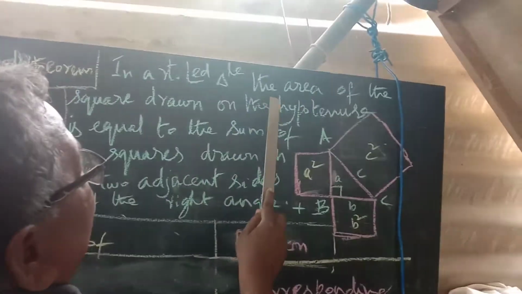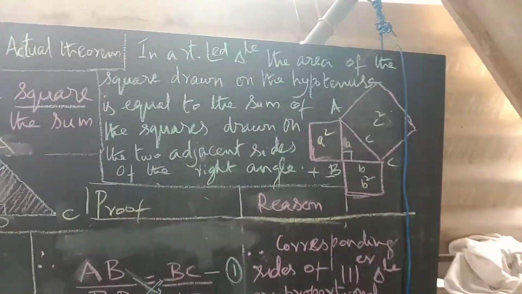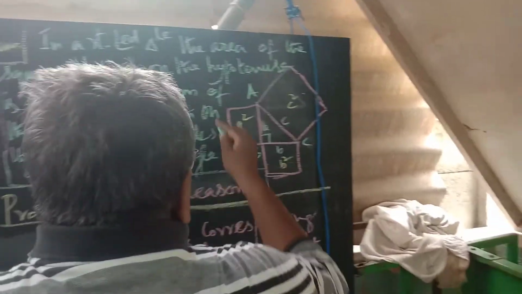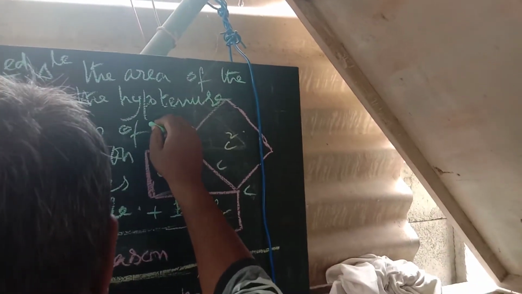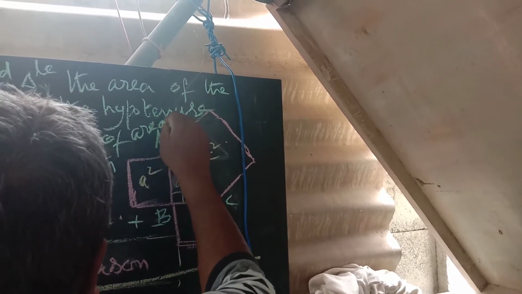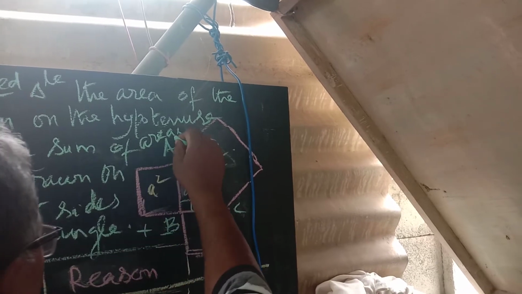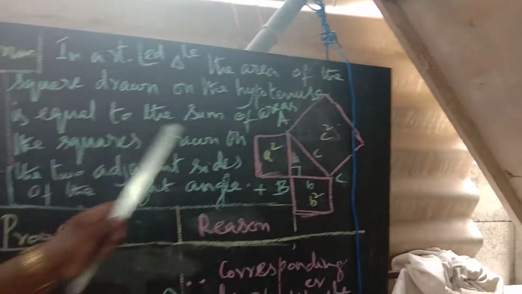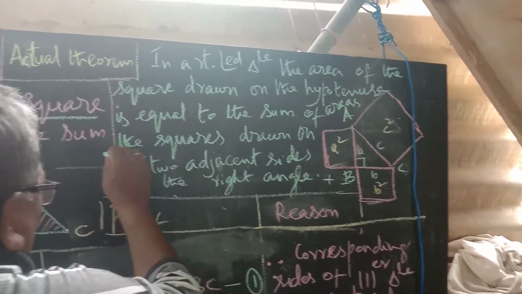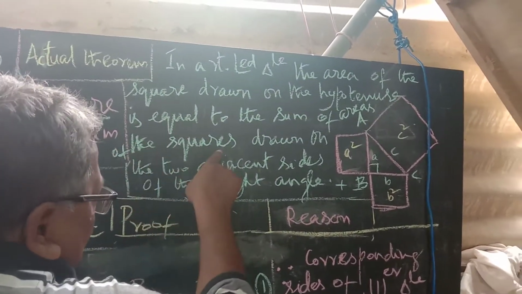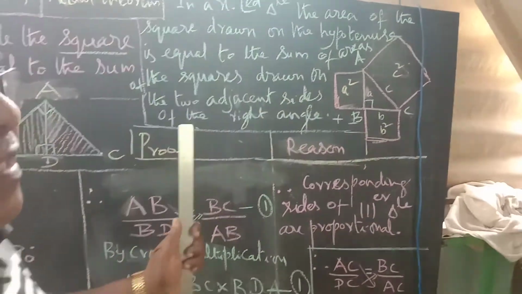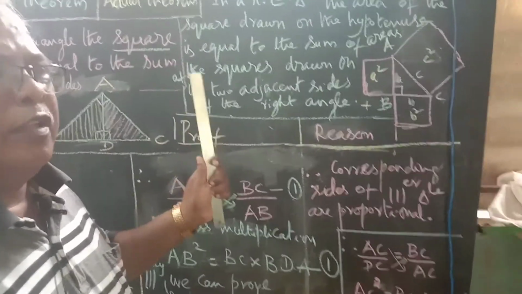In a right angle triangle, the area of the square drawn on the hypotenuse is equal to the sum of the areas of the squares drawn on the two adjacent sides of the right angle. This is what Pythagoras actually invented.